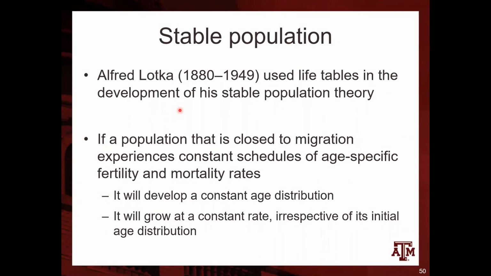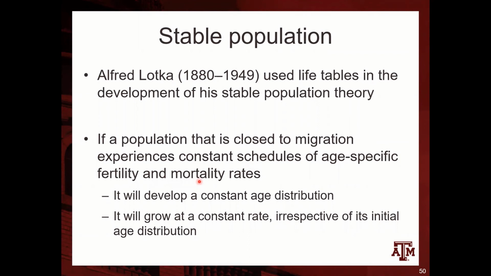And let's say that that population doesn't have many emigrants, people getting out of that country, or immigrants, people getting into that country. So what he shows in his model is that if a population that does not experience migration experiences constant age-specific fertility and mortality rates, that population will develop a constant age distribution.